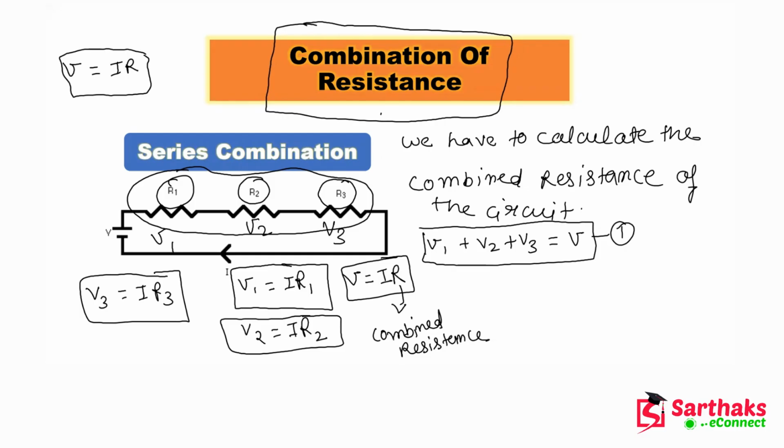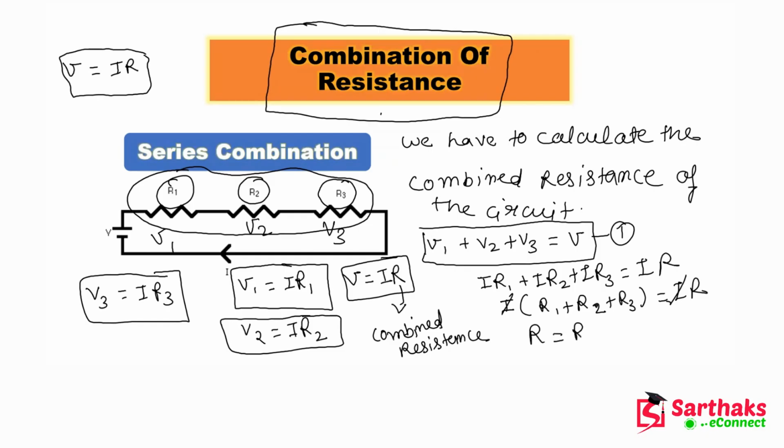If you add all these values, it will give you IR1 plus IR2 plus IR3 equals IR. Now you can take I common, and this gives R1 plus R2 plus R3 equals R. Simply cancel I with I, and the result is R equals R1 plus R2 plus R3.